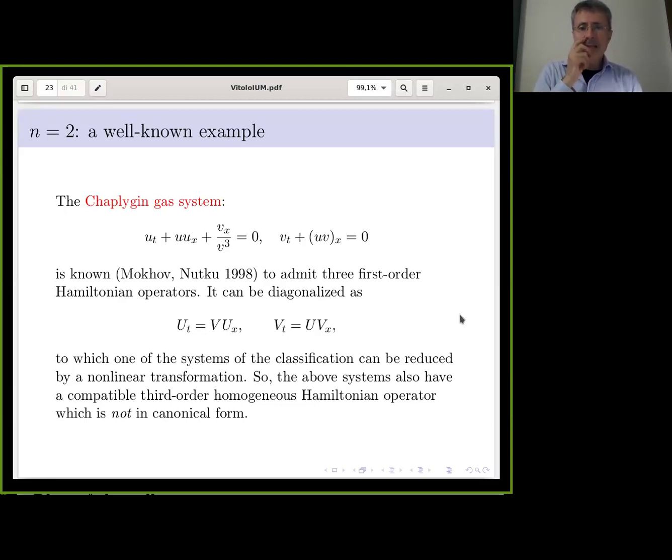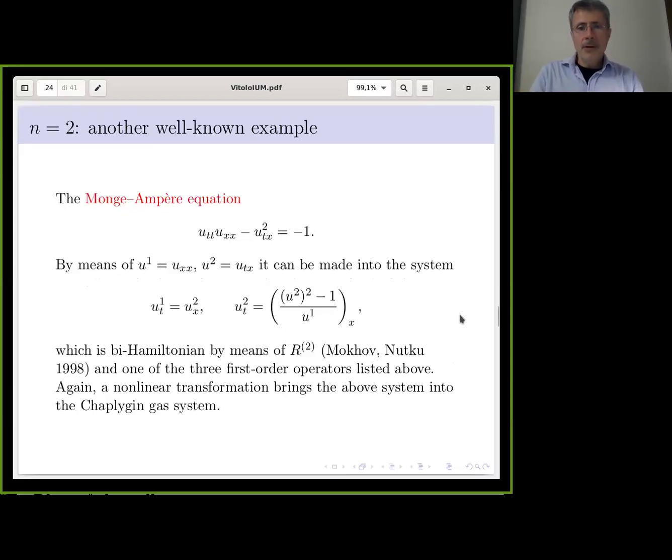But the point is that this diagonalized system can be transformed into the next equation that you will see. So we have an equation and the system. The equation can be made into the system with a similar mechanism. It's exactly the same as we have seen for WDVV. And what happens is that this system can transform into the Chaplygin gas by a nonlinear transformation.